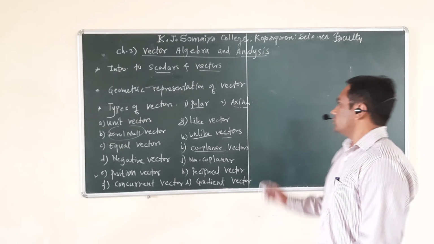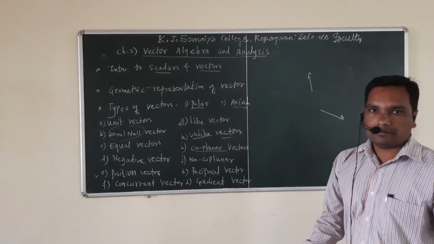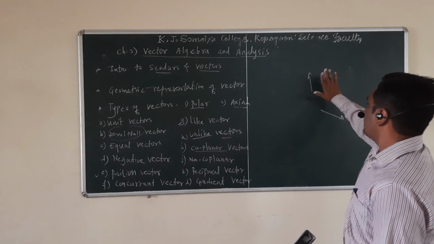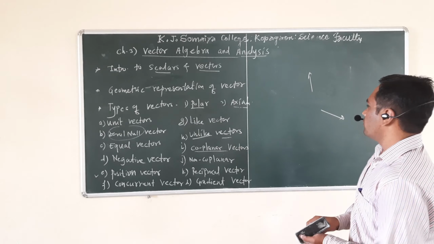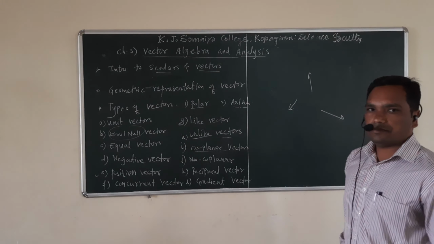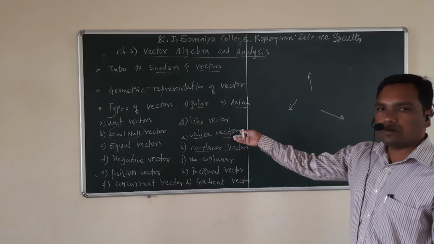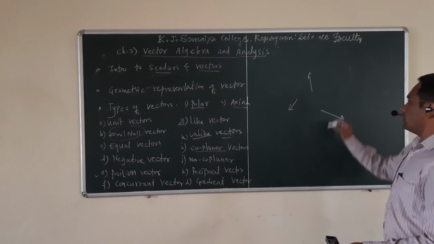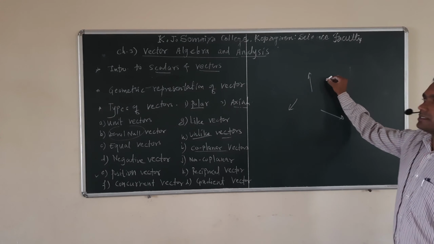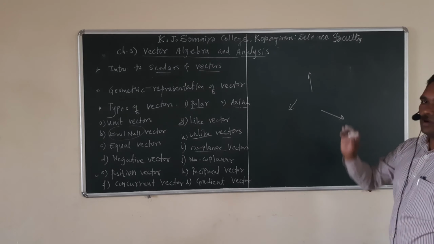Suppose you take one vector like this and another vector like this. Both these vectors lie in this plane, so these vectors are coplanar. Suppose you take a third vector like this, then again we can say these three vectors are coplanar vectors. Now if you take another vector like this, then these vectors are not coplanar.